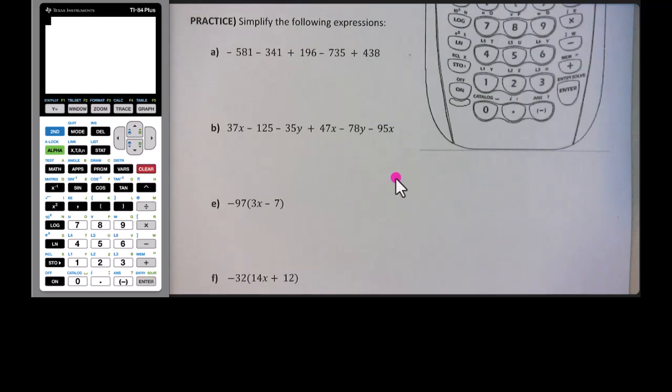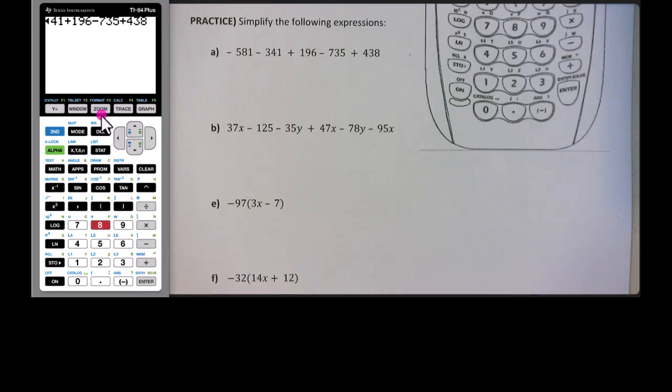Okay, welcome back. So you had a chance to try these problems, so let's take a look. So the first problem, I'm going to write negative 581 minus 341 plus 196 minus 735 plus 438.